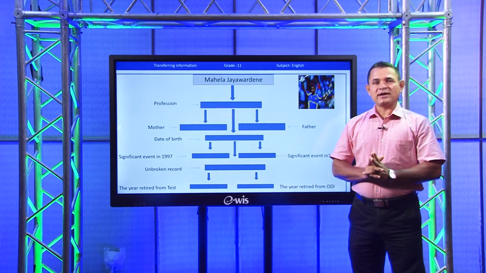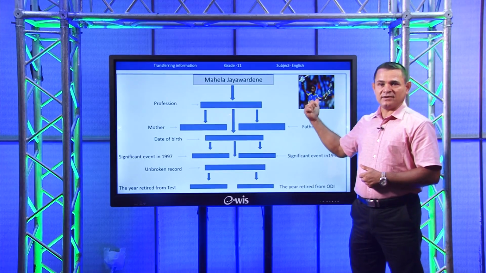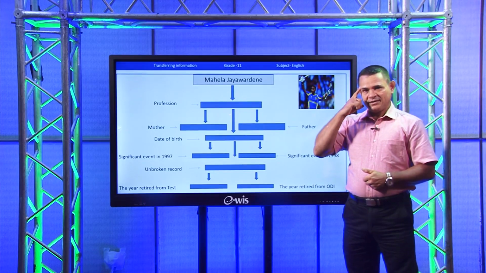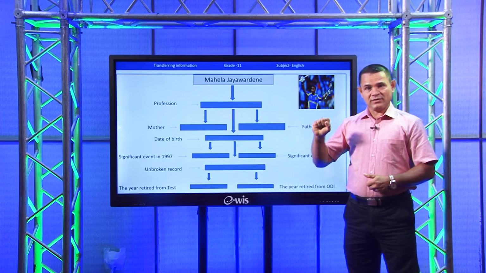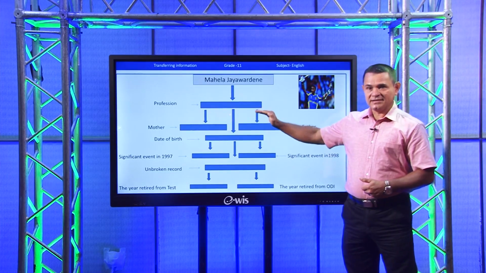So, when you read the text about Mahela Jayawardena, you have to keep in your mind that you have to take this information, because they are the ones that you need to fill these gaps.